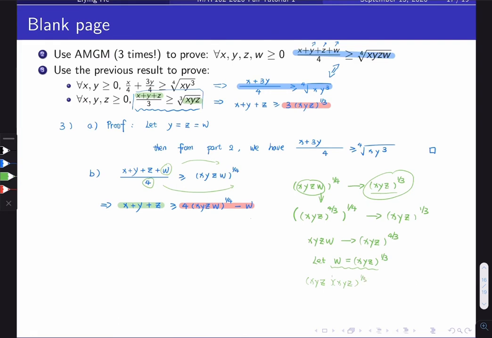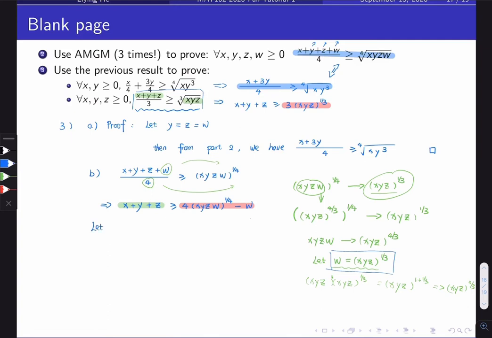So here is the power of 1, here is the power of 1 over 3. So you add them together: 1 plus 1 over 3 will give you (xyz) to the power of 4 over 3. Okay? That's how it works. Now I found that I just need to substitute w to be (xyz) to the power of 1 over 3. Okay, so let's do that.